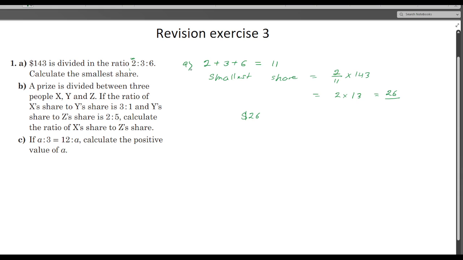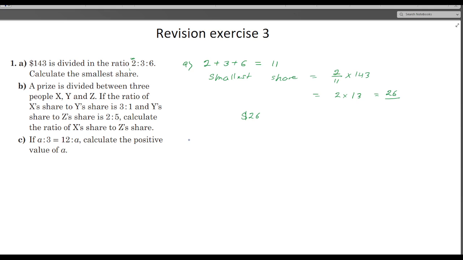Now the next question, B part. A prize is divided between 3 people, X, Y, Z. If the ratio of X share to Y share is 3:1 and Y share to Z share is 2:5, calculate the ratio of X share to Z share.